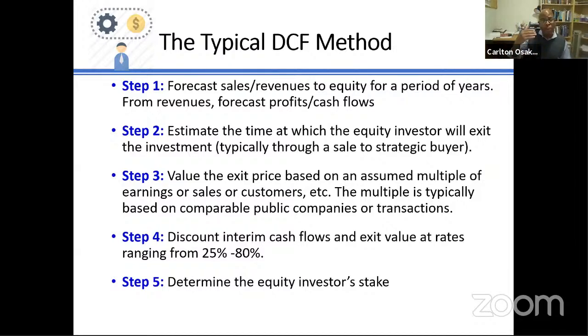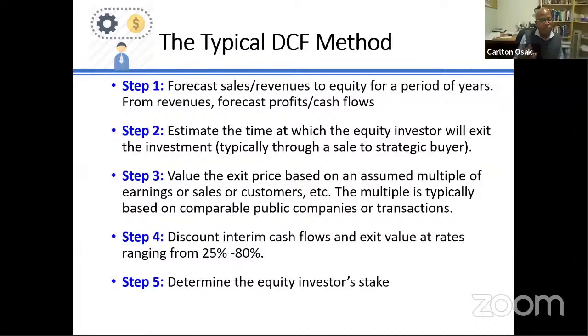Now, of course, both the equity investor, so the venture capitalist or the angel investor, and the entrepreneur, they have to come to an agreement on what these steps are. They have to come to an agreement on what the forecasted cash flows are. They have to come to an agreement on what the discount rate is and so on. And that often involves a real difficult negotiation process.